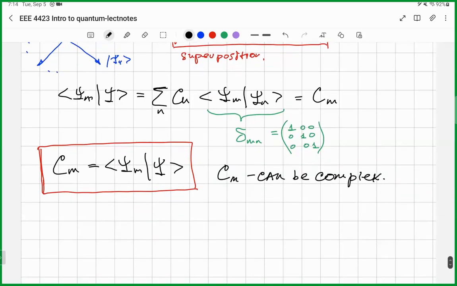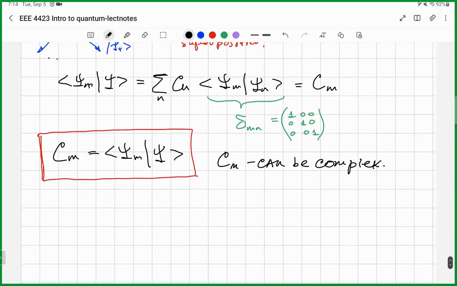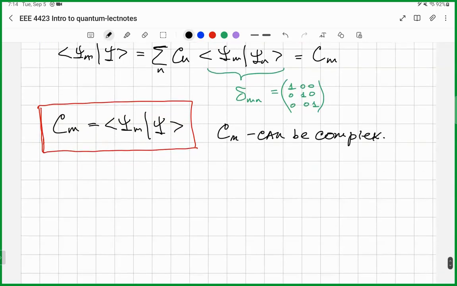They can be complex, and the dimension can be any, even infinity. But in quantum mechanics, we start from a much simpler case of a two-dimensional Hilbert space.